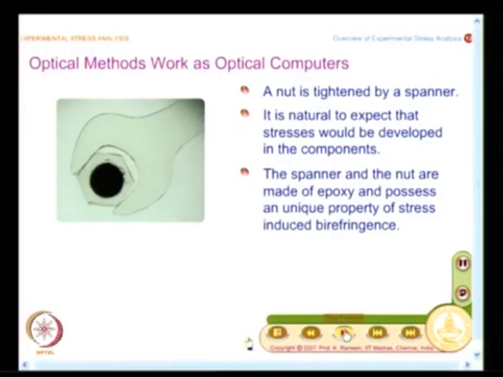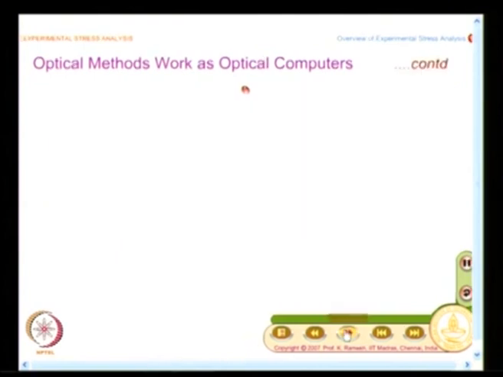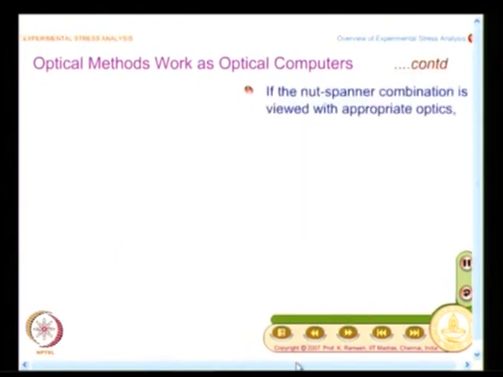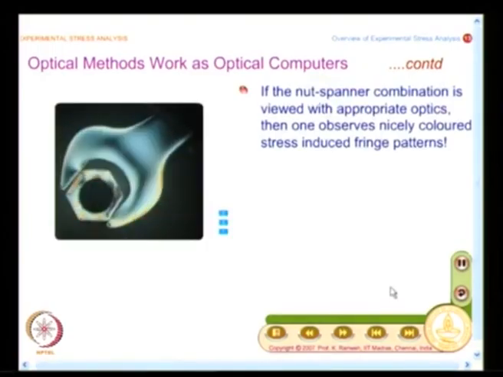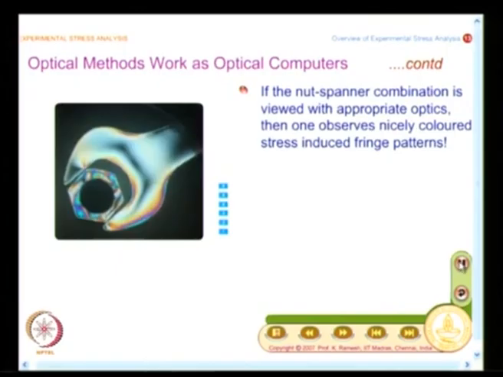And what I do now is, I introduce appropriate optics and view the same combination with the optics. Optics is not shown here on the screen, but you will see the effect of optics on the image.